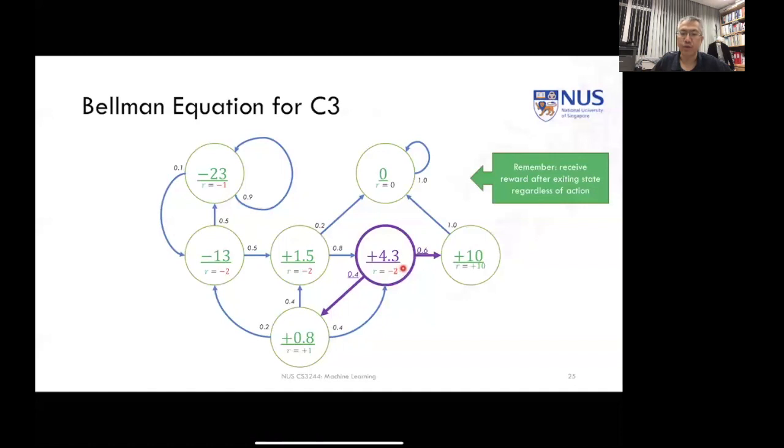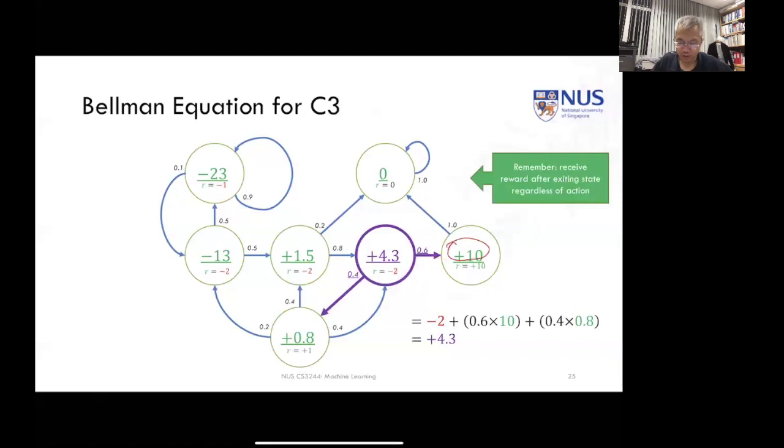Well, I'm going to have to do it recursively, because to get this value, I have to first incur this -2 over here, but then I'm going to have to add my future rewards, right? So let's say in the case where I'm looking ahead only one time step, it's going to be with a 0.6 probability that I'm going this way, and then I'm going to trust that this +10 was actually done correctly.